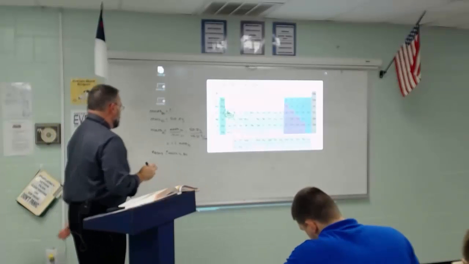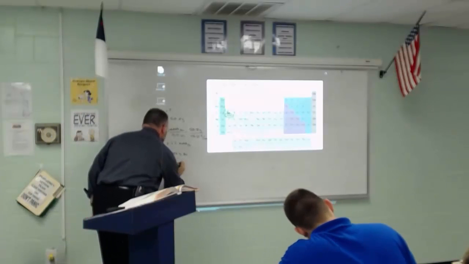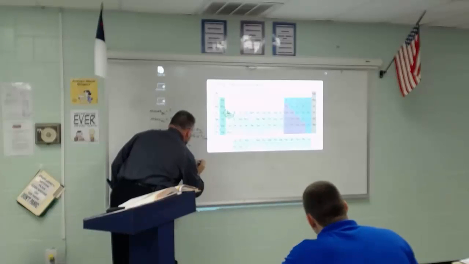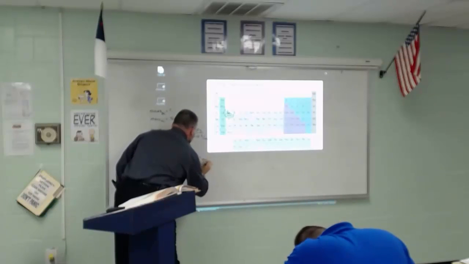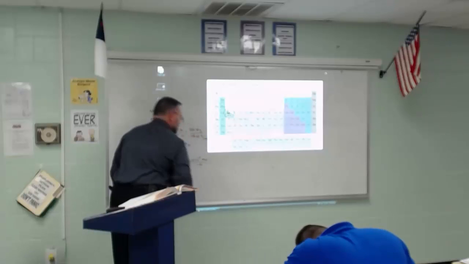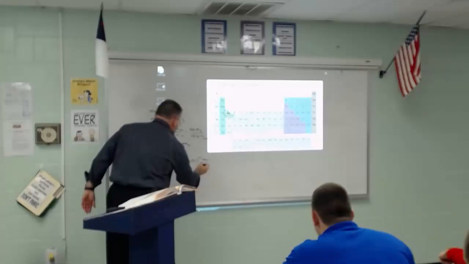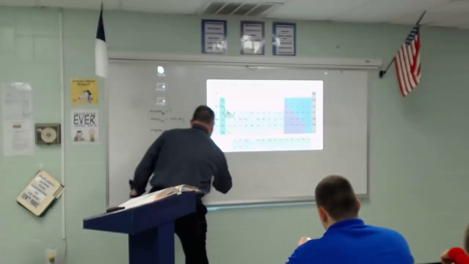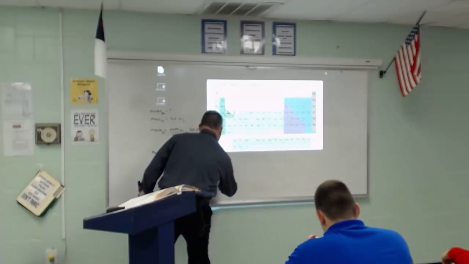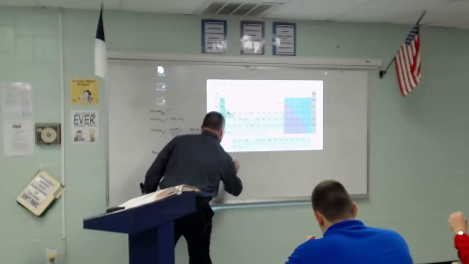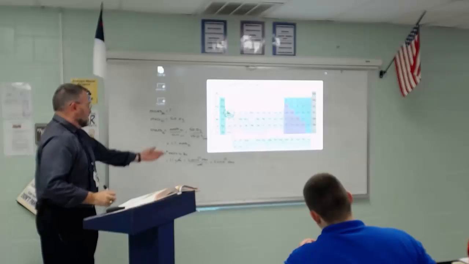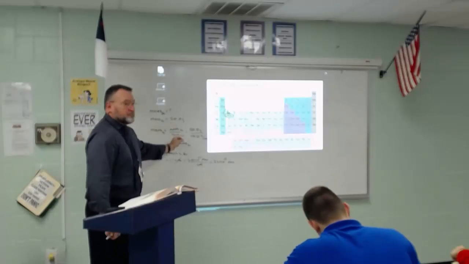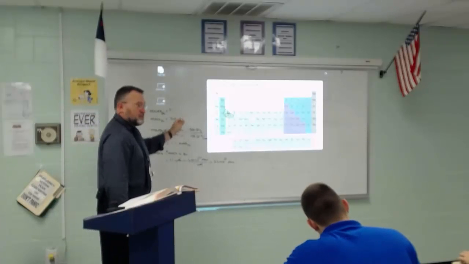So if I've got 1.1 moles times 6.02 times 10 to the 23rd atoms per mole, I'm going to have about 6.6 times 10 to the 23rd atoms of scandium, because I have 1.1 moles of scandium, because I have 50 grams of scandium and 45 grams per mole of scandium.